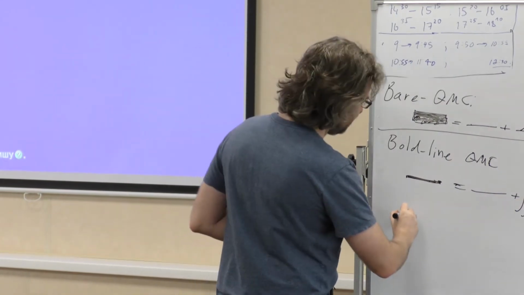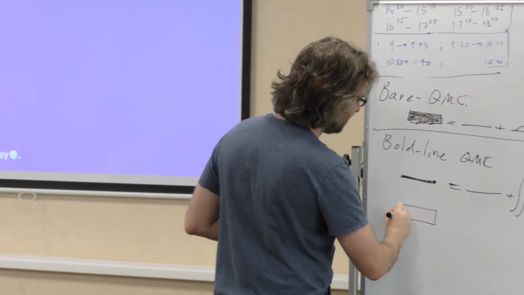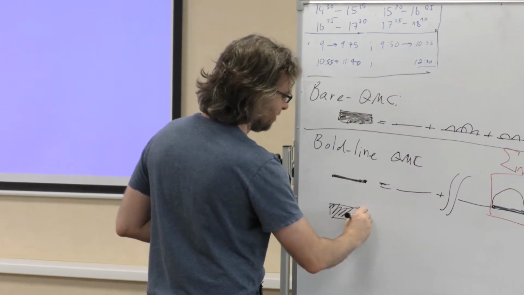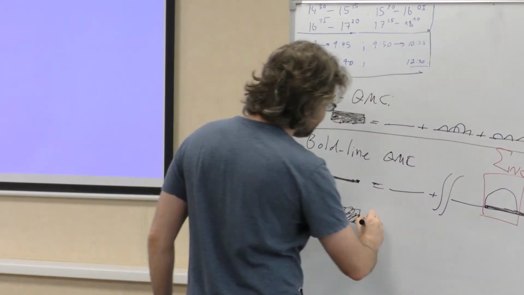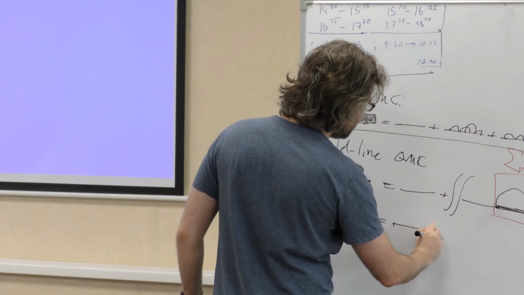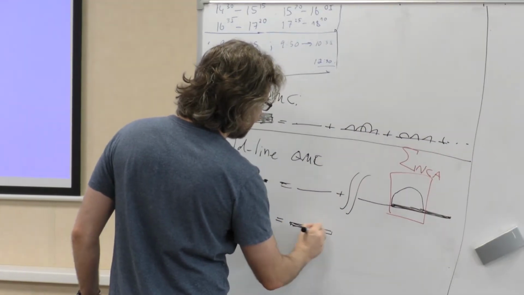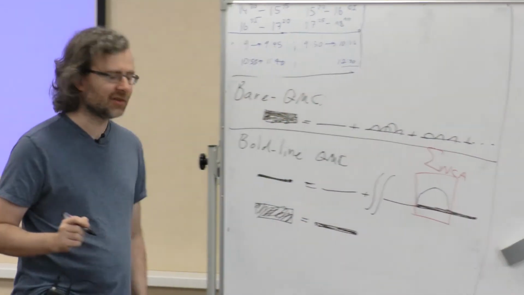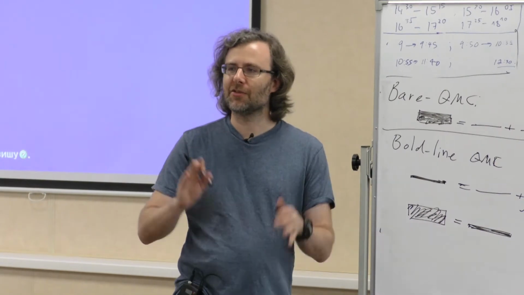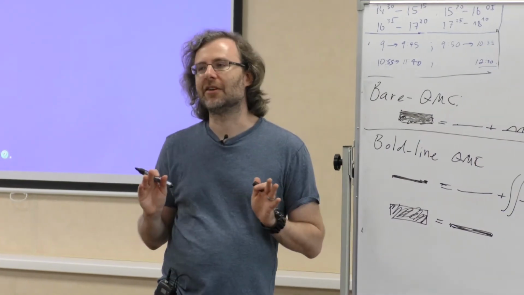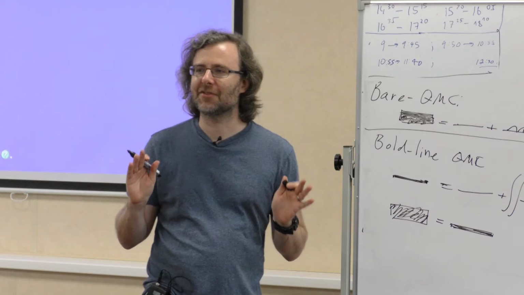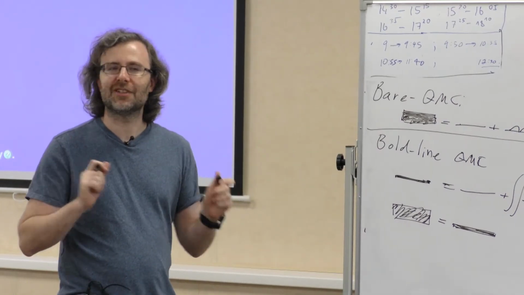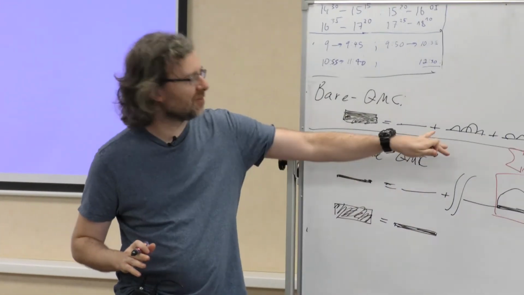So what we can do now is write an expression for the full propagator in terms of the bold lines. The first order term in this expansion is already all non-crossing diagrams. So at first order we already have an infinite number of contributions from the bare series.